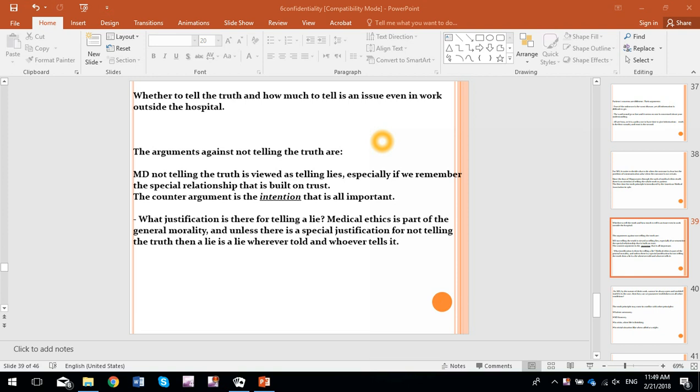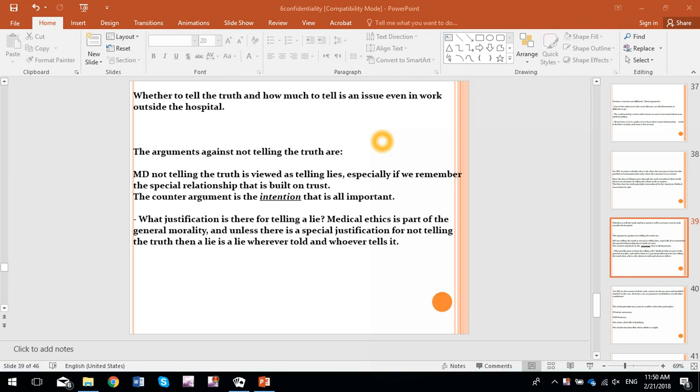The argument against not telling the truth is the second one, which is: what justification is there for telling a lie? The justification to tell me the lie? Lie here equation means not telling the truth. Medical ethics is part of the general morality. أخلاقيات المهنة الطبية هي جزء من أخلاقياتك العامة كطبيب.